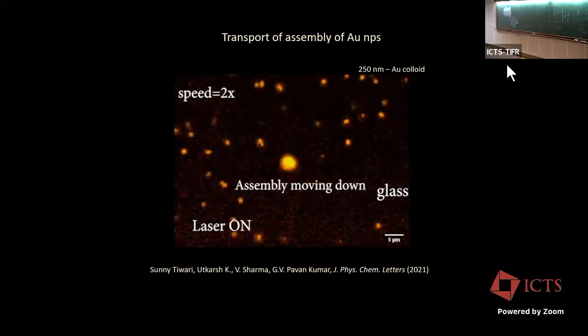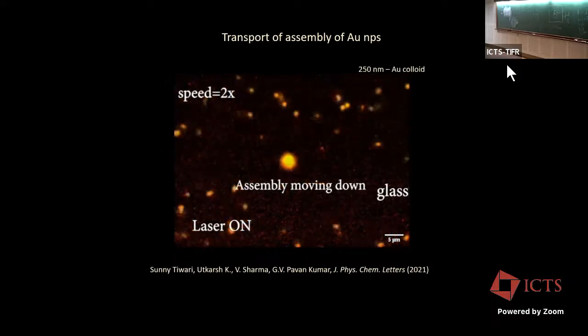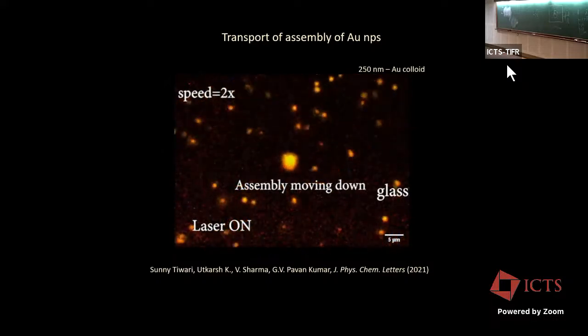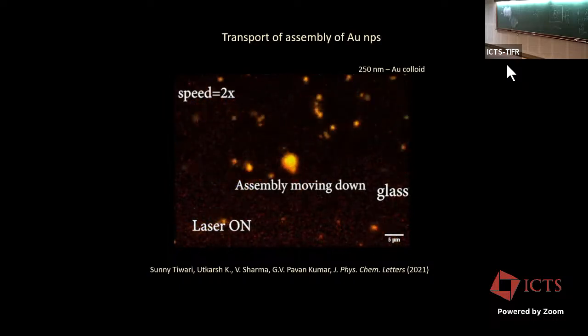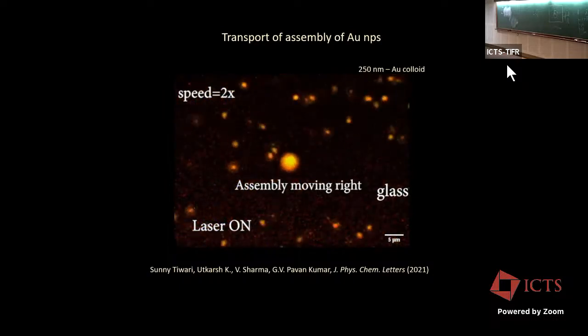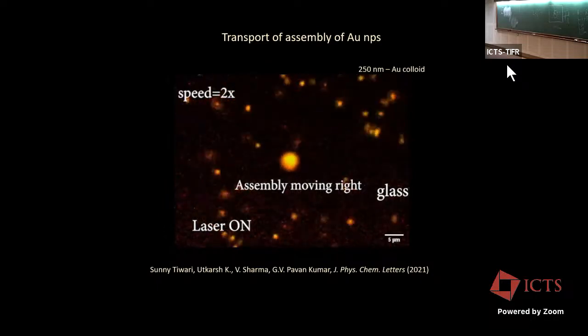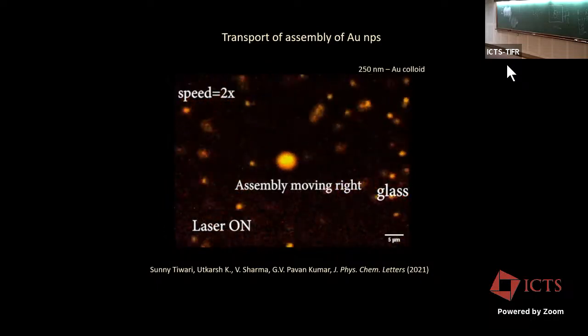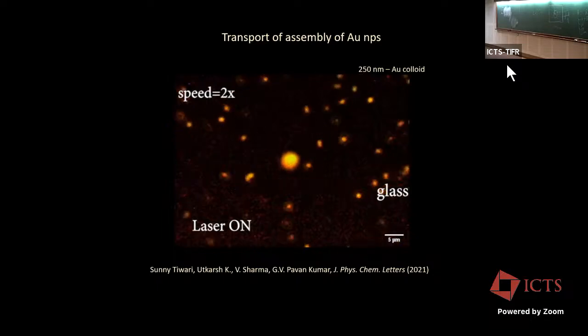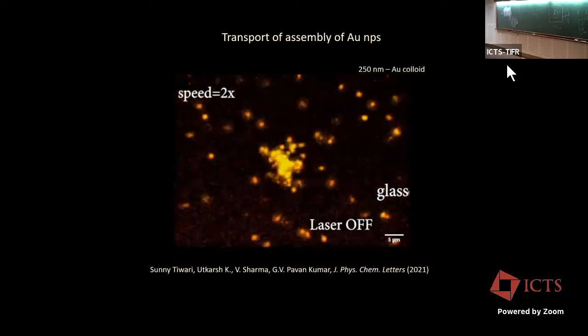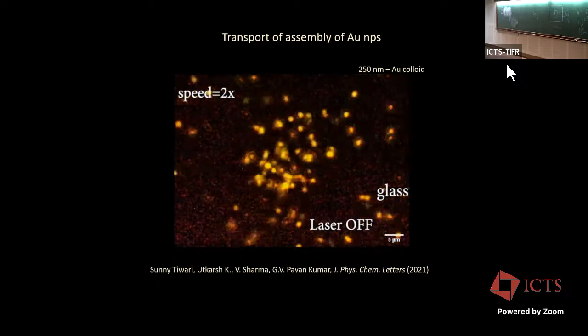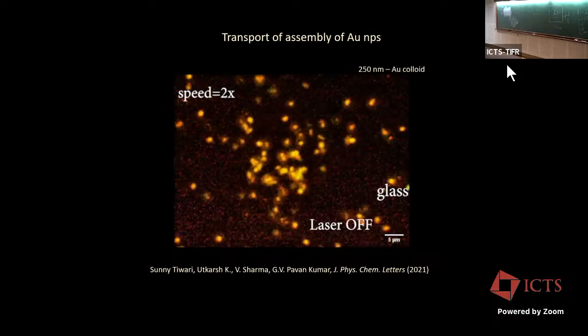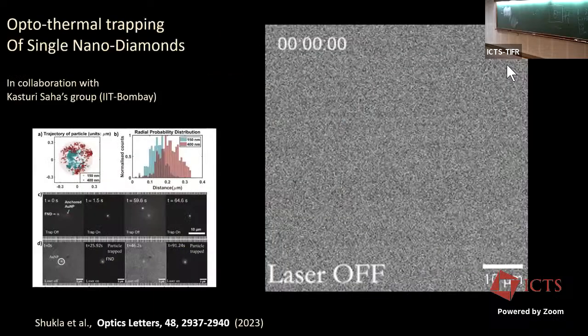The anchor particle still remains here, but the aggregate is now moving down because the laser beam is moving down. We'll bring it to a different location from the start point and release them into the fluid. And these are a finite number of particles. So therefore, there is a reasonable control in the aggregate. And there you go. So you are able to now move them around as a function of both space and time.